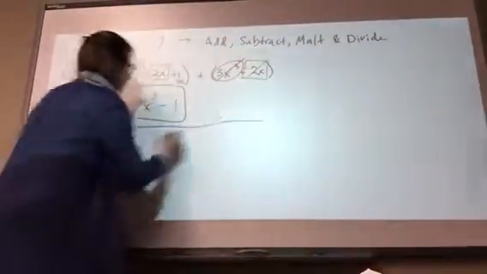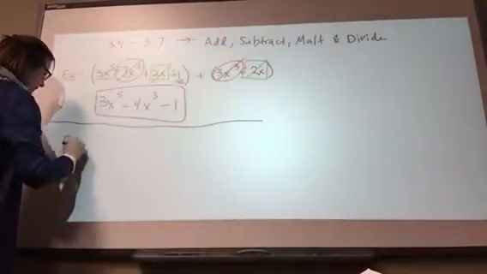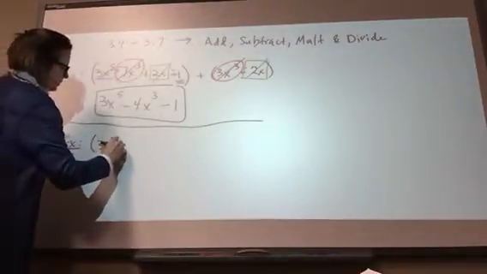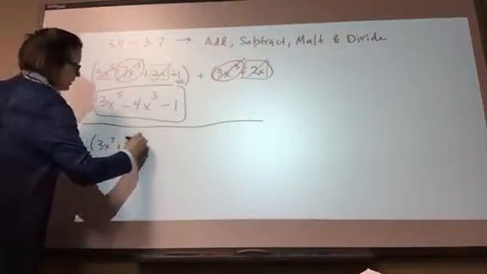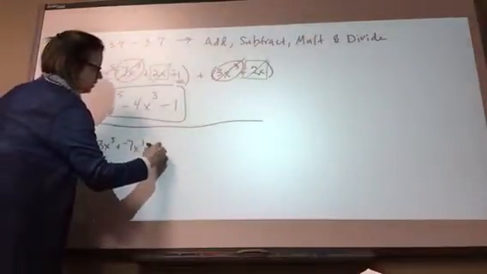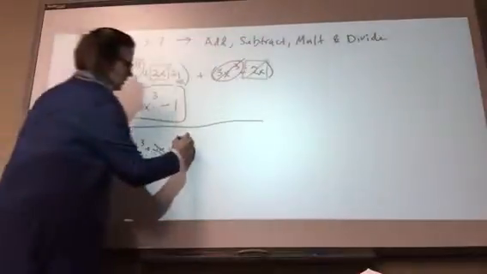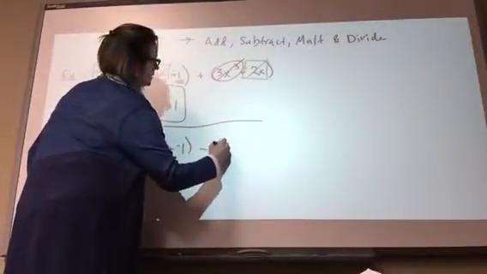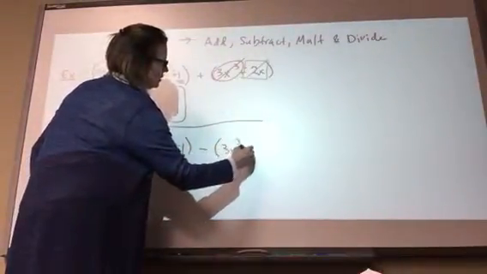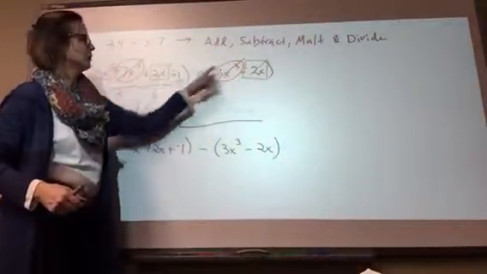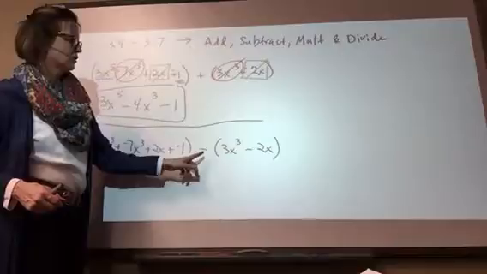So another example of subtraction might be 3x to the 5th plus a -7x cubed plus 2x plus -1. Here I've changed the subtraction to adding the opposite already, but I'm going to leave this one as a -3x cubed minus 2x. This is what it originally was in my problem, except I've changed the addition to subtraction.